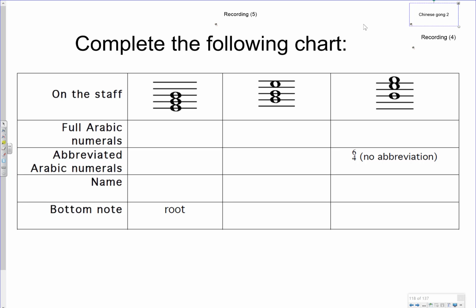Remember this, college? Well, take 30 seconds and complete the chart. Good luck.